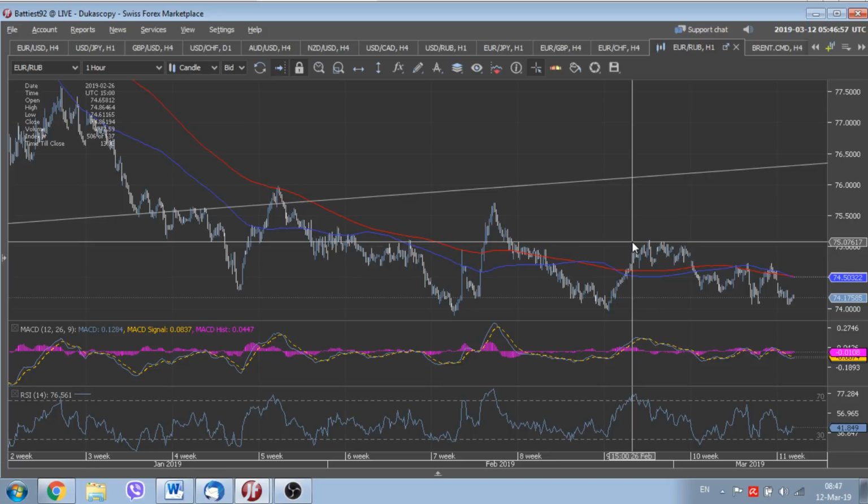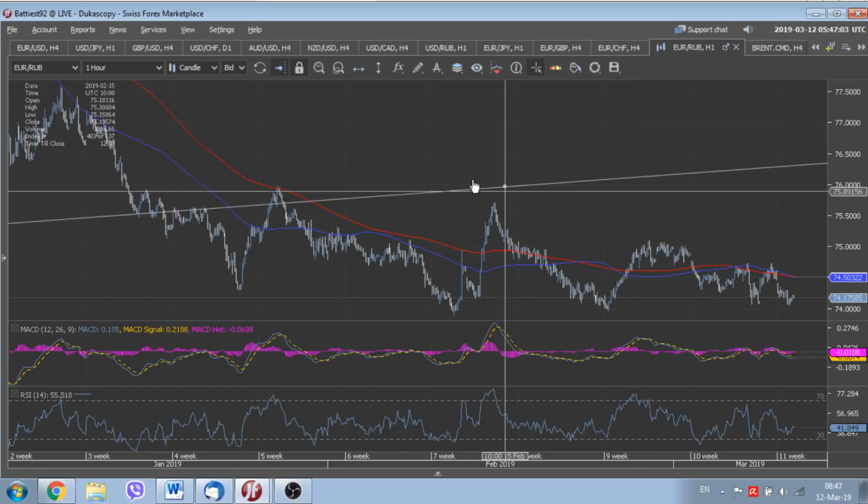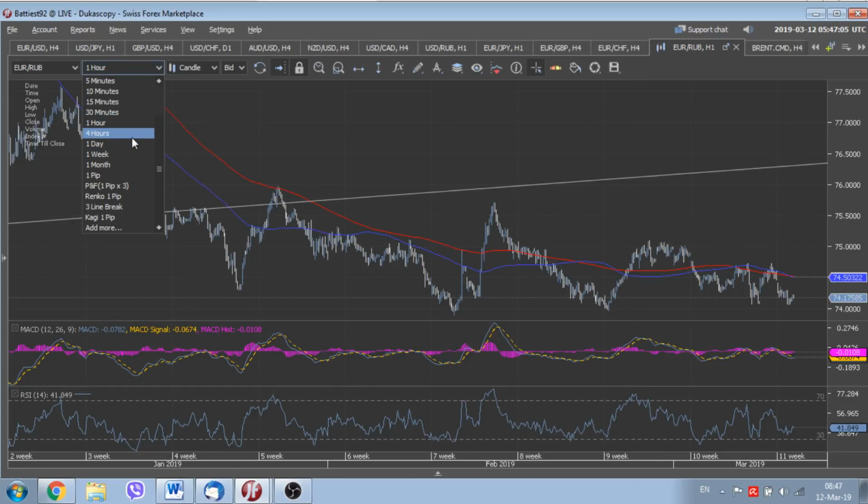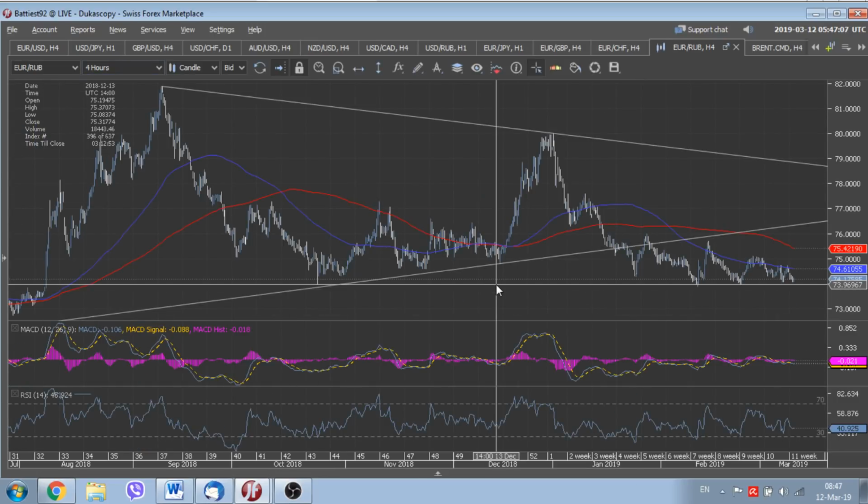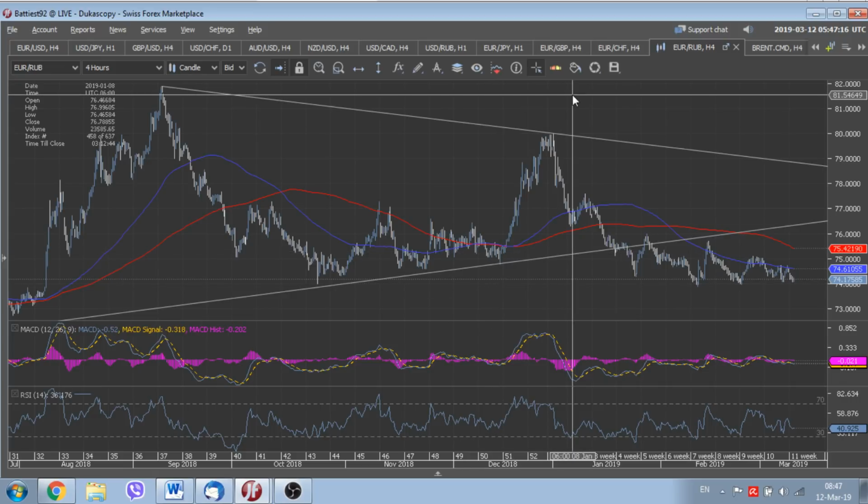Euro ruble is under pressure, and in case of breaking below 74 and closing, it could open the door to another swing lower in the price of that currency. So all eyes on the level of 73.90-74 in the euro ruble. We should understand that.